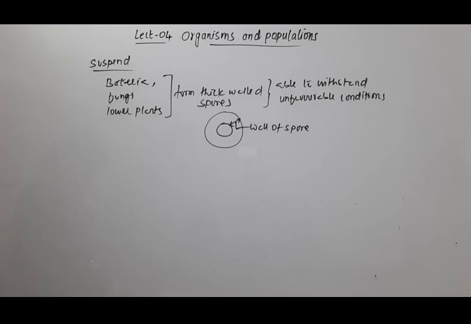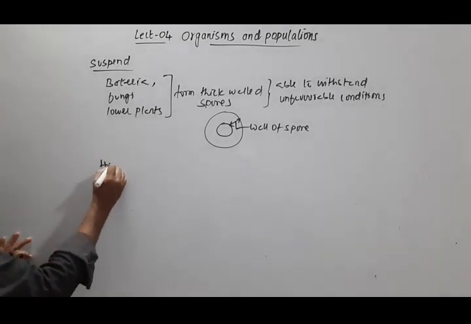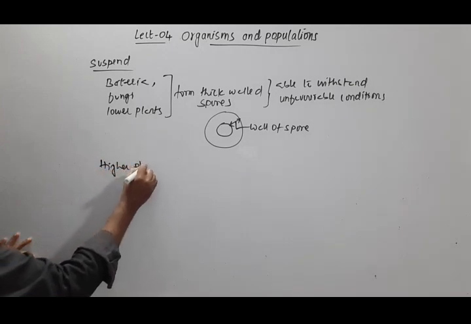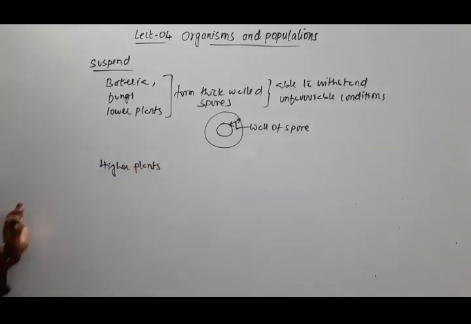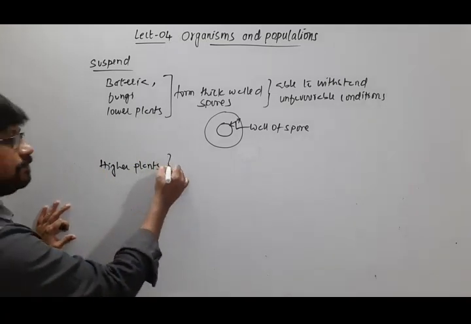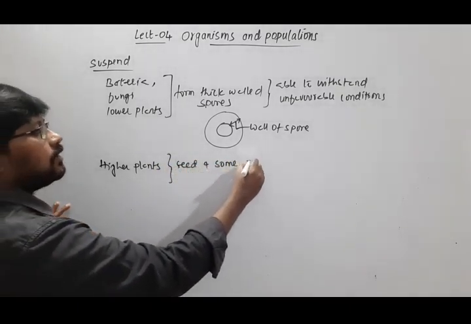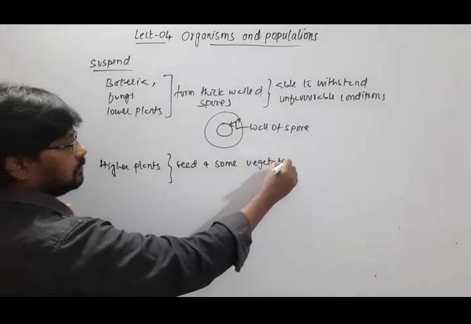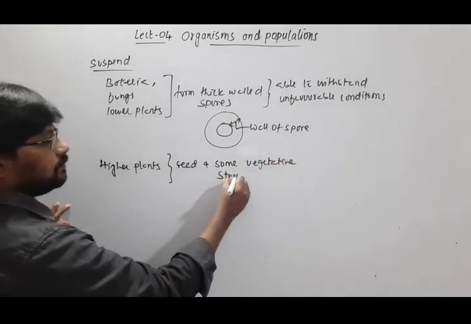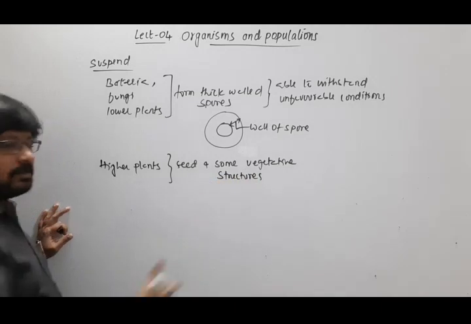Now when coming to the higher group of plants, they are going to produce seeds and some vegetative structures, like tubers we have studied.